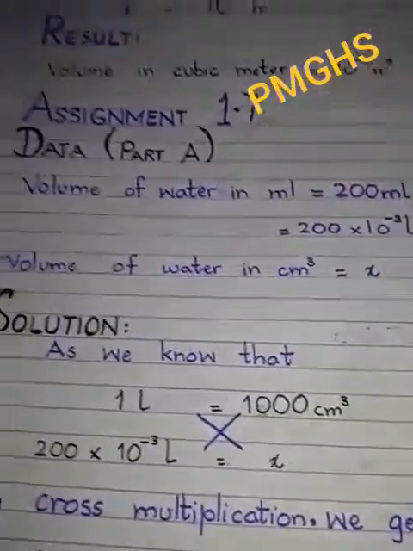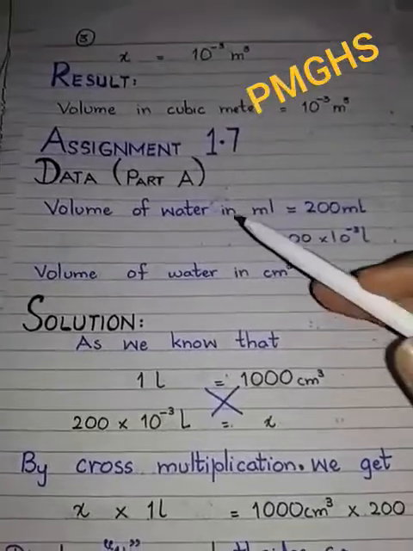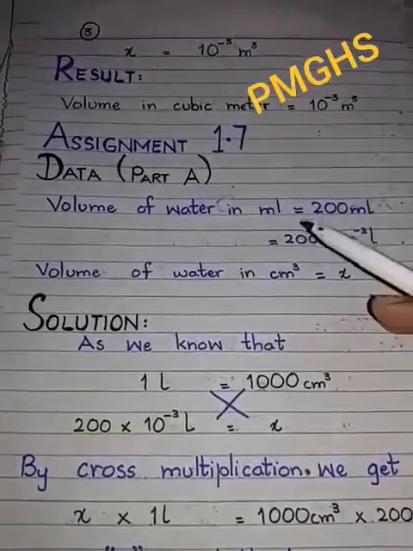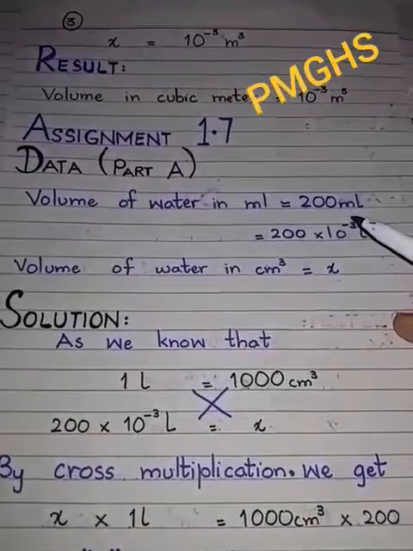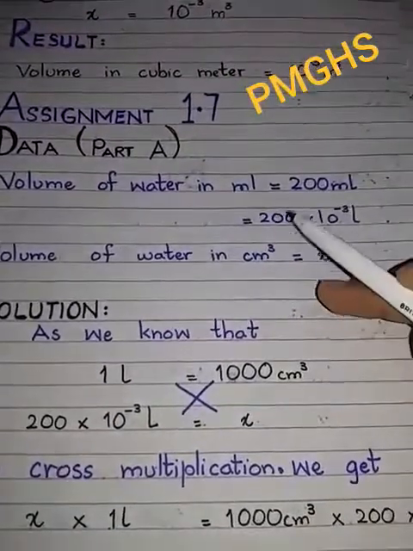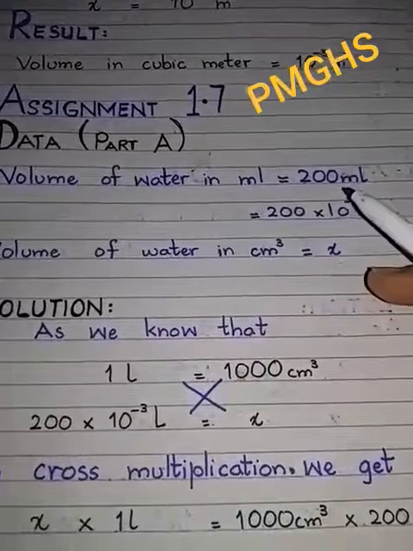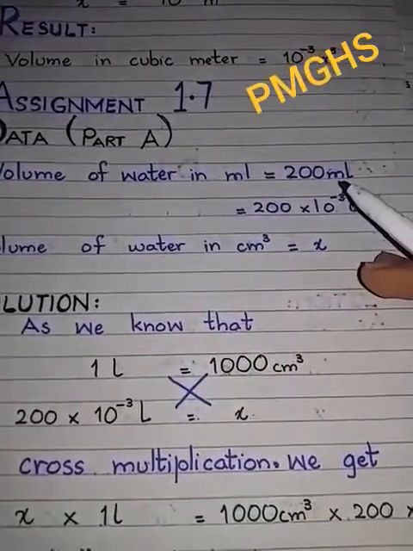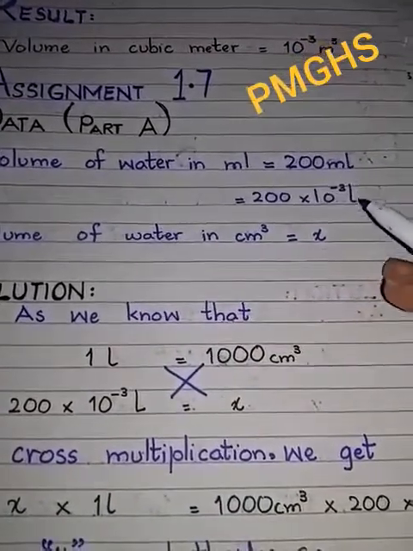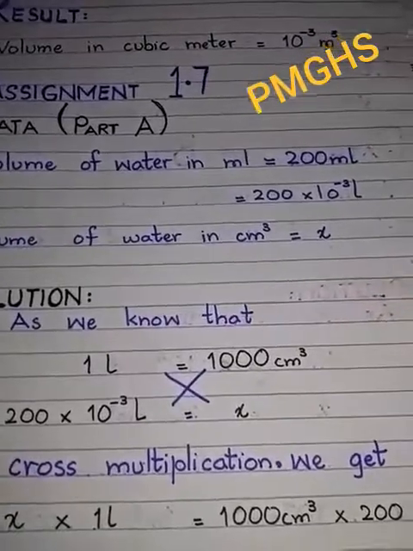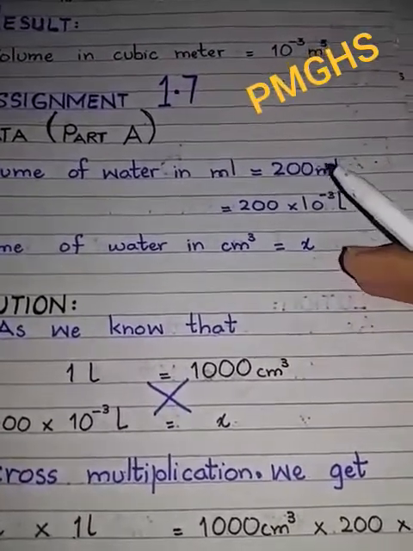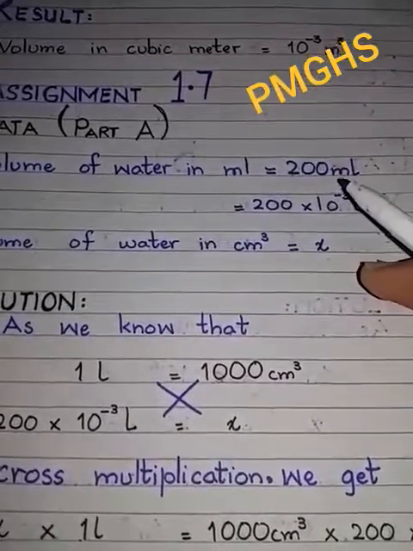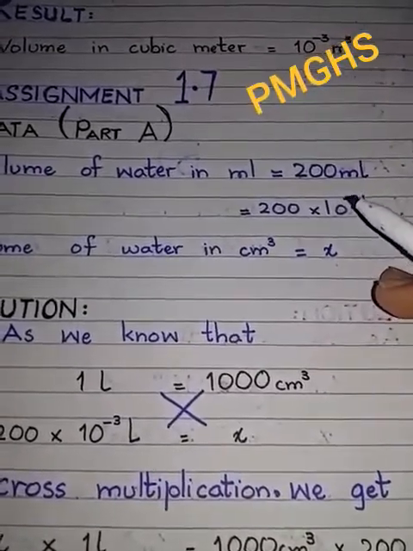Data for part A: volume of water in milliliter is equal to 200 milliliter. As I told you, first we will convert this milliliter into liter, simply by replacing this milli with a power of 10.